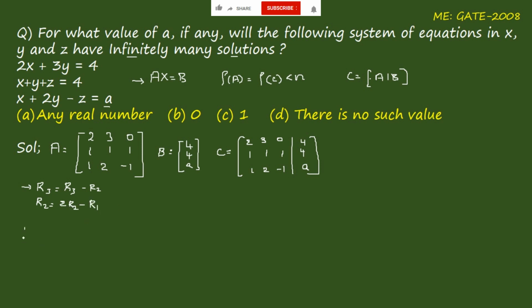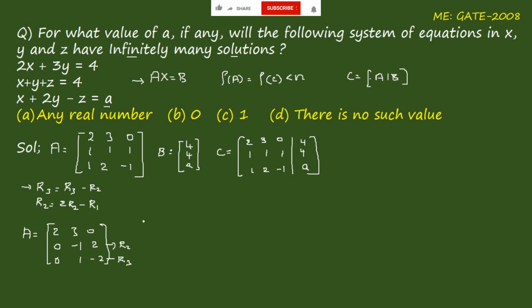When you do it, then A becomes the matrix 2, 3, 0, and this one becomes 0. This becomes minus 1, this is 2, and this is 0, this is 1, and this is minus 2, right? You can see that row 2 is equal to row 3, both are same, so when you add it, it becomes 0.